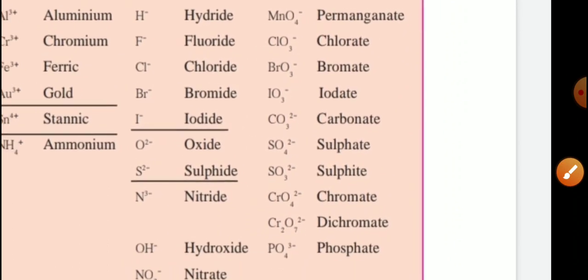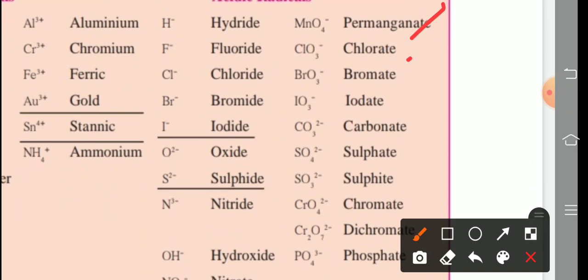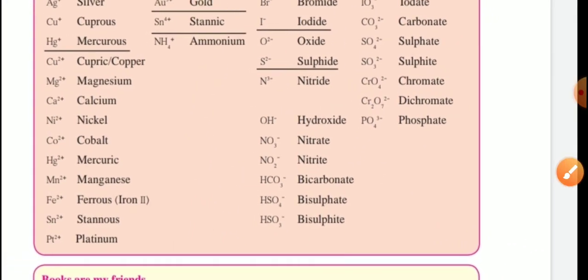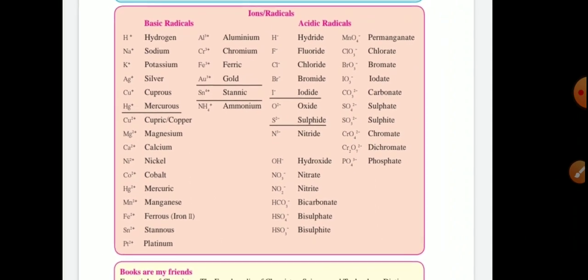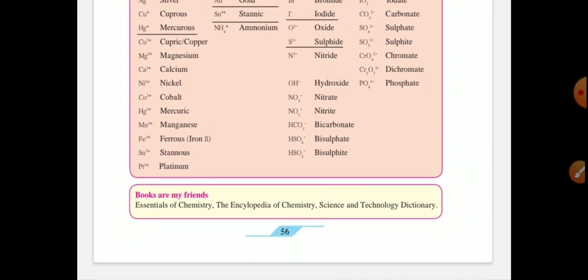See the names. Then permanganate, chlorate, bromate, iodate, carbonate, sulfate, sulfite, then chromate, dichromate, and phosphate. Clear? So from the name given in the compound, we know how many positive or negative charges these radicals have.